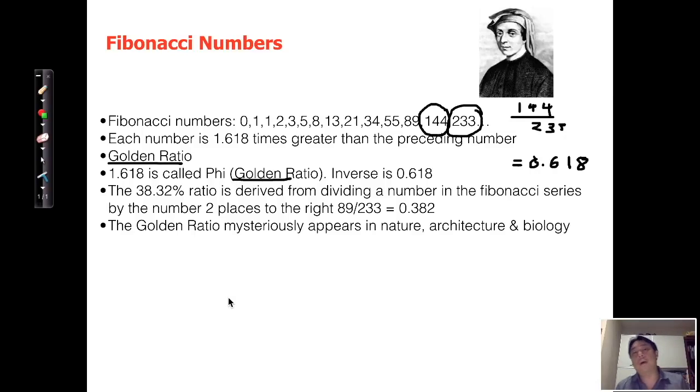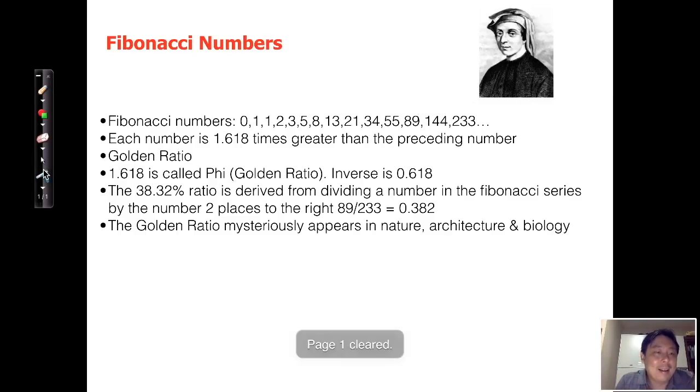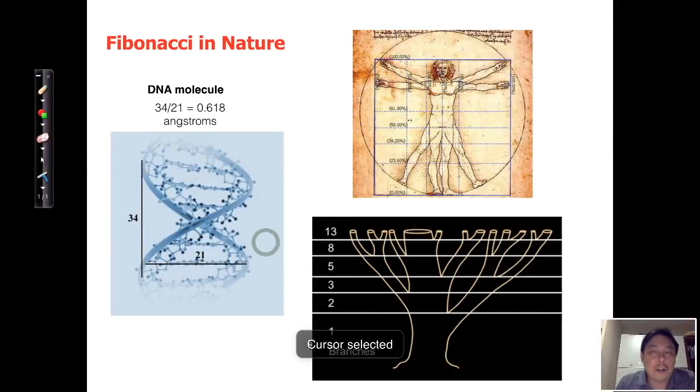And you may say, okay, so what's so special about this golden ratio 0.618? Well, here's the thing. It appears everywhere in nature, and it's fascinating, and it's miraculous. For example, here are a few examples of how it appears in nature.